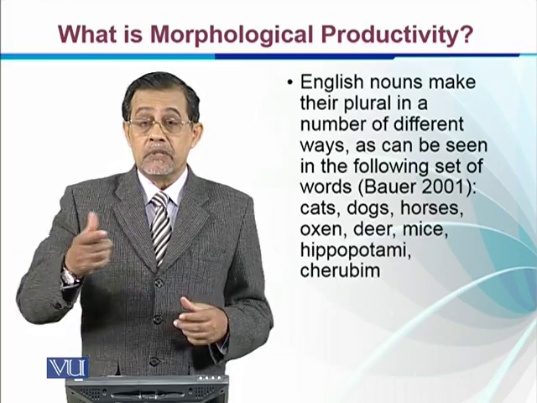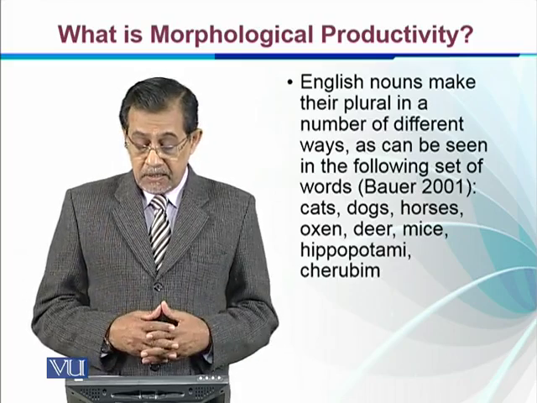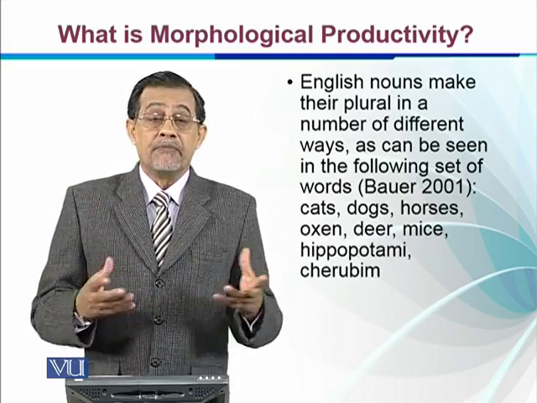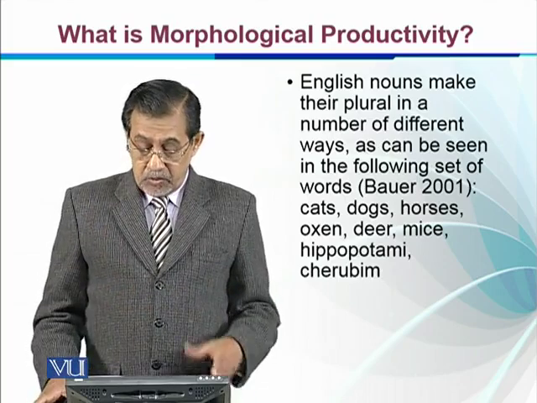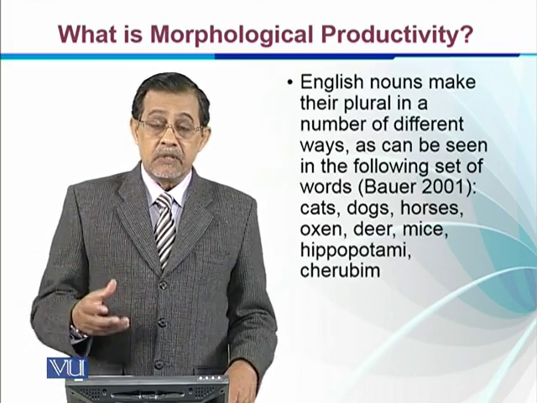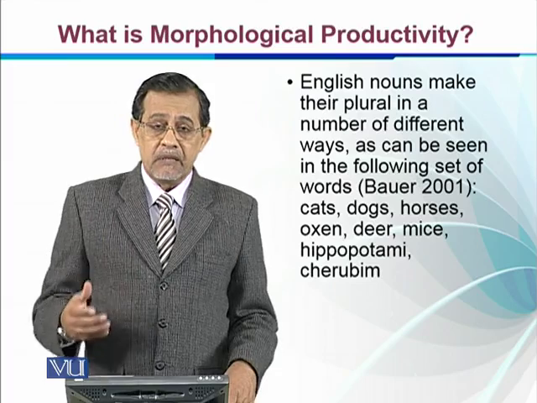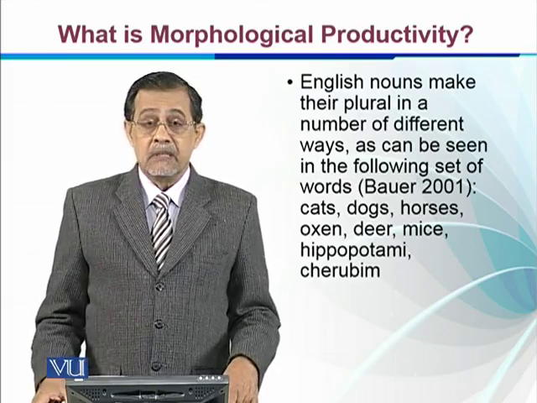Cherubim, so this is a foreign word, m is added, another type of plural. So we can see that in the English language generally irregular plurals are made differently, though s and z are regular plurals.